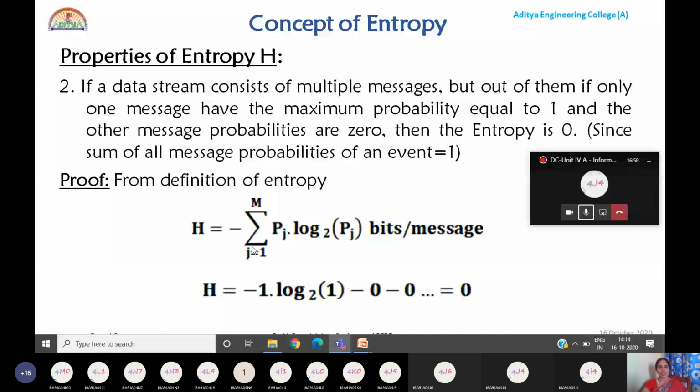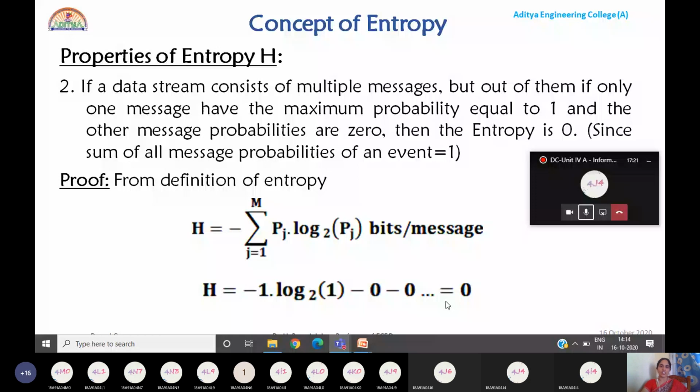That is minus summation j equal to 1 to M of p suffix j log p suffix j base 2. So only one message has maximum probability equal to 1. For example, P1 is 1 and all other P2 to PM values are 0. So 1 log 1 base 2 minus 0 log 0 base 2 minus 0 log 0 base 2, and so on up to M number of messages.